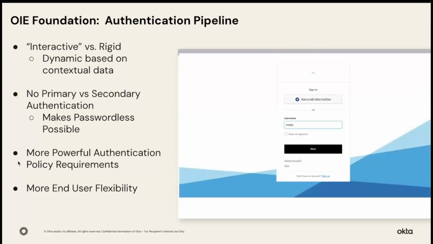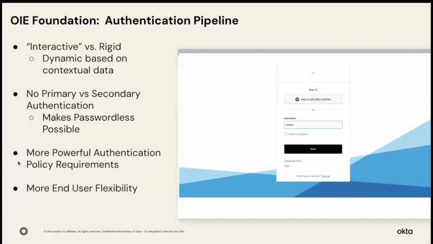So there's no rigid requirement that you provide a password and then MFA. Password can become one of your authenticators. It can become optional. It can become completely disallowed. So doing away with this distinction makes the passwordless flows that you can implement in OIE much more easily attainable. In addition, there are far more powerful authentication policy capabilities in OIE.